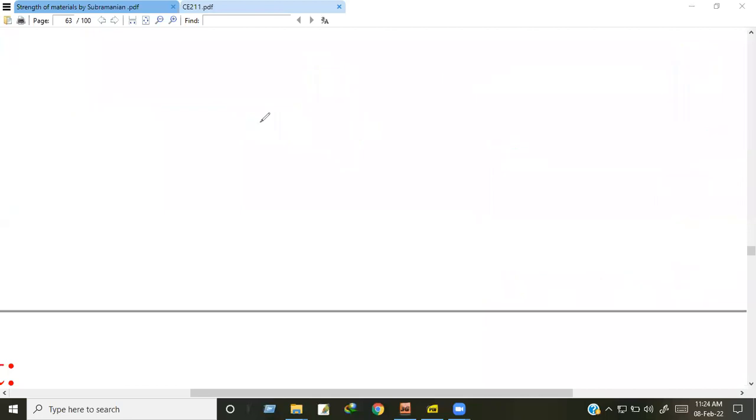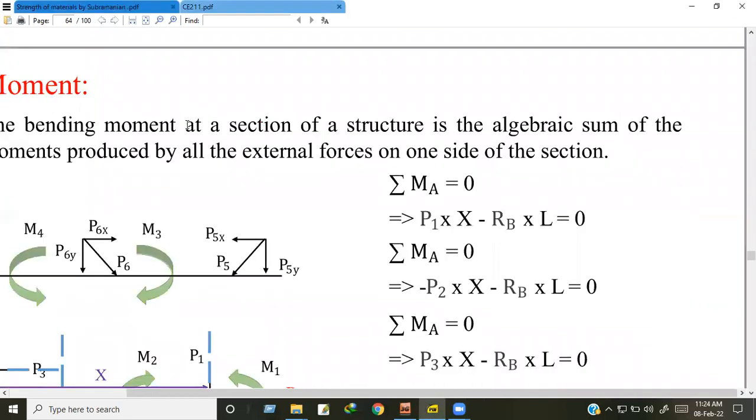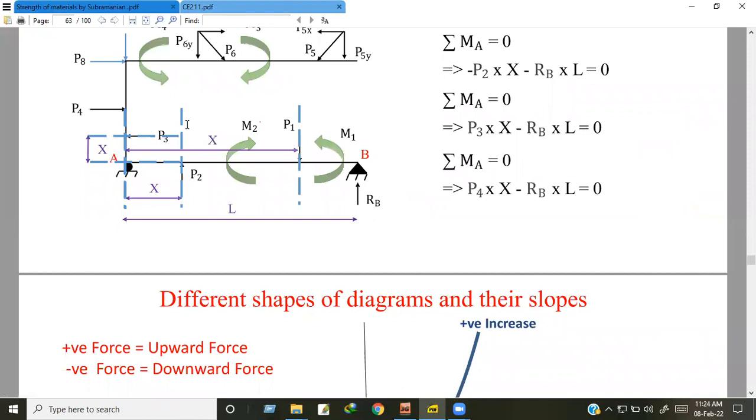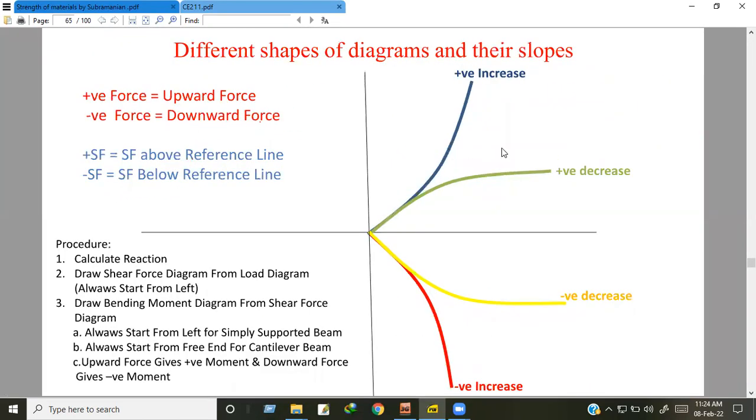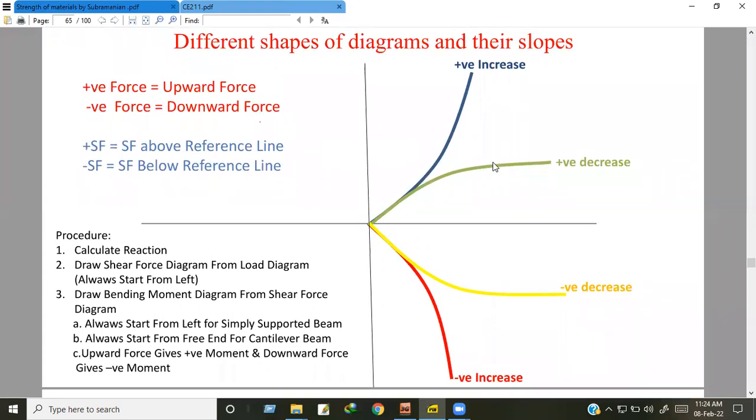Now we'll treat another thing here. It is a very important diagram. First, we have to understand this very clearly.